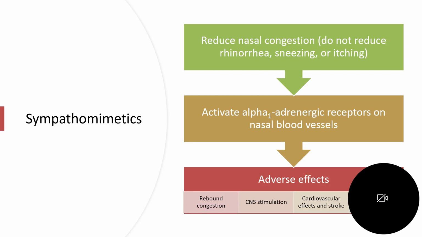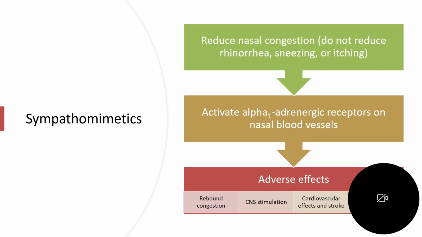The sympathomimetics, these are going to reduce congestion. They work by activating the alpha-1 adrenergic receptors on our nasal blood vessels. Some adverse effects of these would be rebound congestion. An example of this is Sudafed.